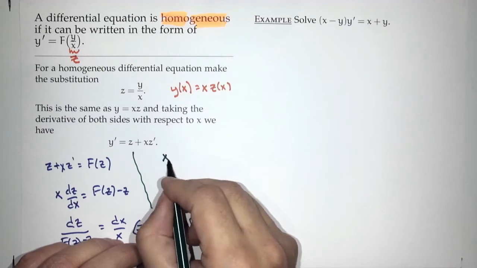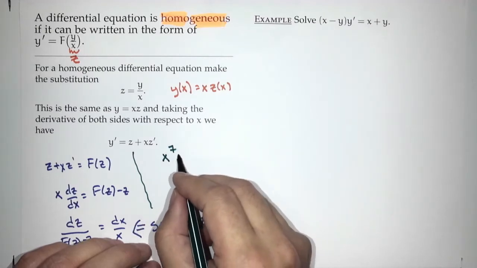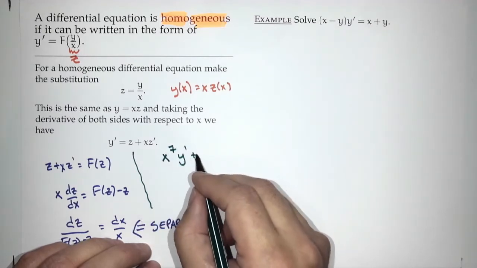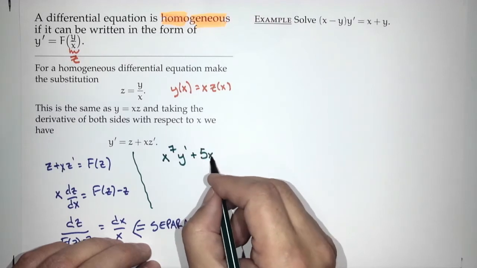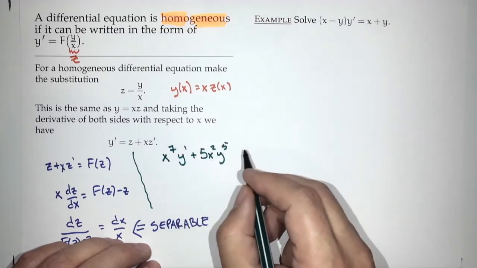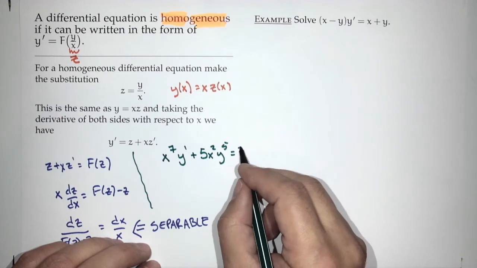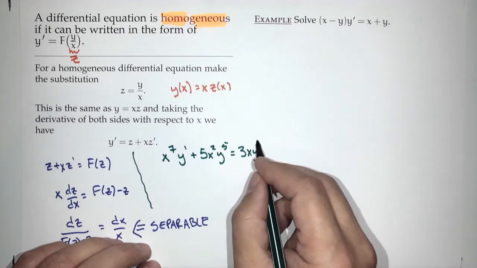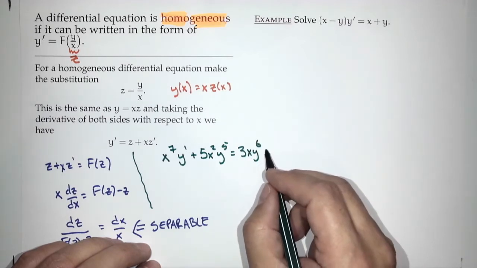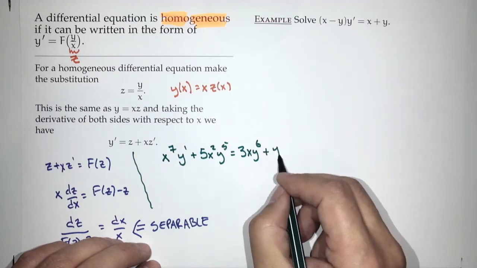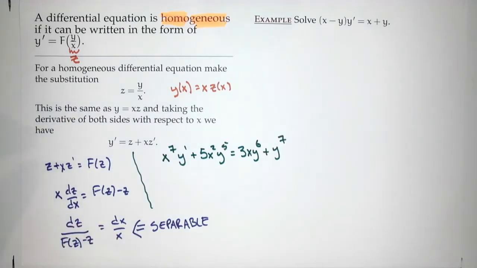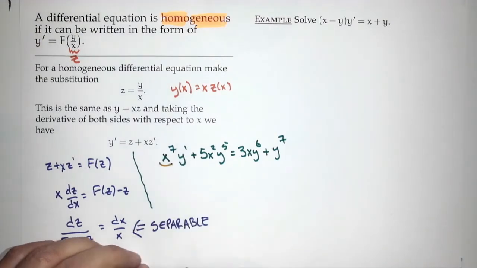Suppose we have x to the 7th as y prime, plus 5 x squared y to the 5th, equals 3x y to the 6th. Oh, sure, we'll throw in a y to the 7th here as well. Okay. Now, let's talk about the degree of these pieces. What's the degree of x to the 7th? 7.